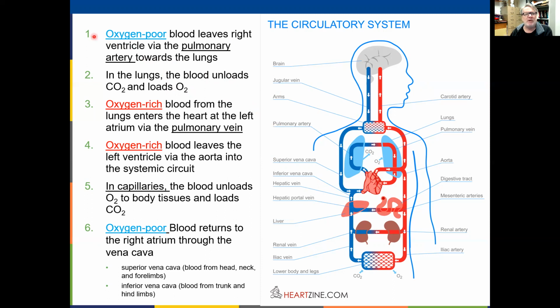So let's start at point number one, where oxygen-poor blood leaves the right ventricle and goes through the pulmonary artery up to the lungs, where it's going to remove carbon dioxide and add oxygen. Then in step number three, the oxygen-rich blood leaves the lungs and travels to the heart via the pulmonary vein.